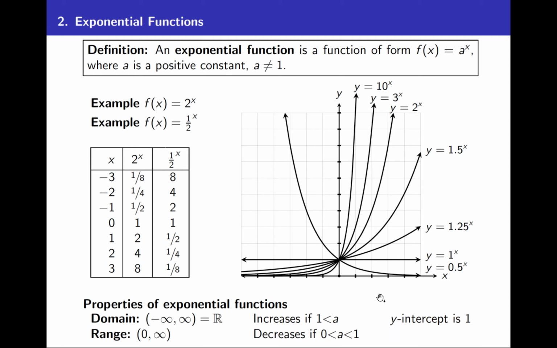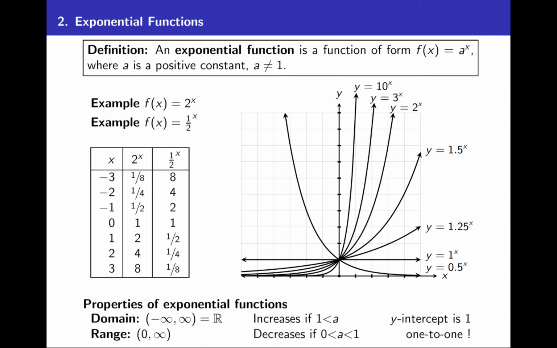The y-intercept of any exponential function is 1, because a to the power of 0 is always equal to 1. So the y-intercept has to be 1. When x is equal to 0, that's where every single one of these graphs crosses the y-axis, and it happens right there at y equals 1. So the y-intercept is 1.